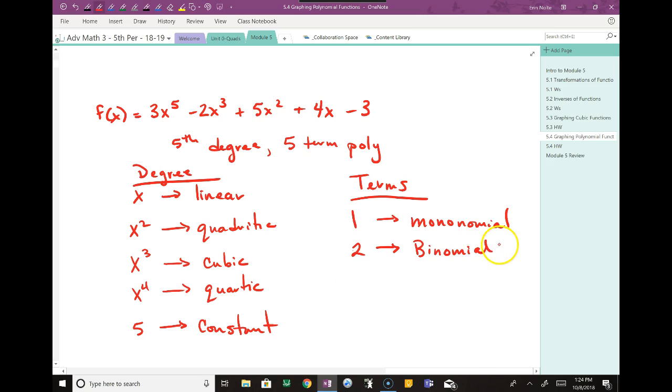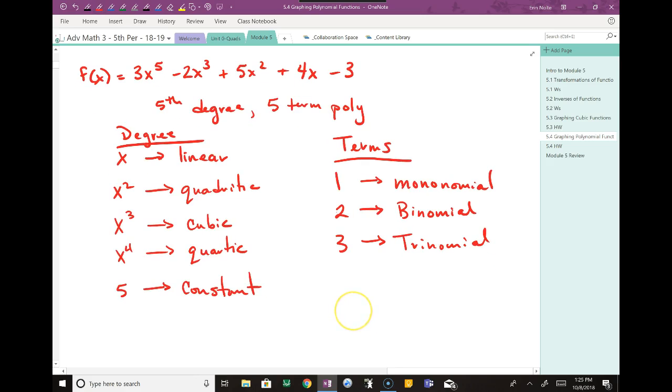Binomial. Three terms? Trinomial. And then after that, they just literally list how many terms. So then you would say four-termed, five-termed.